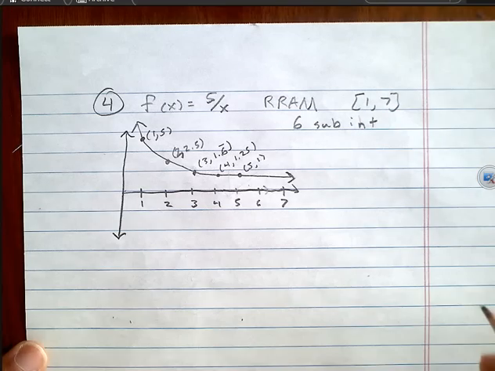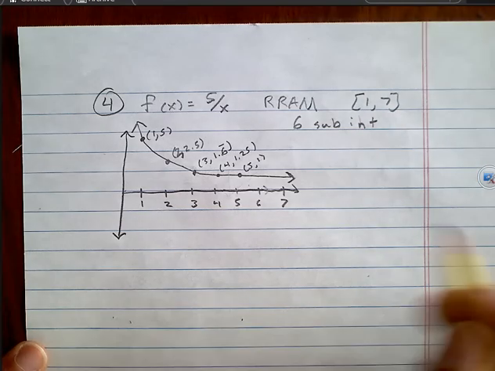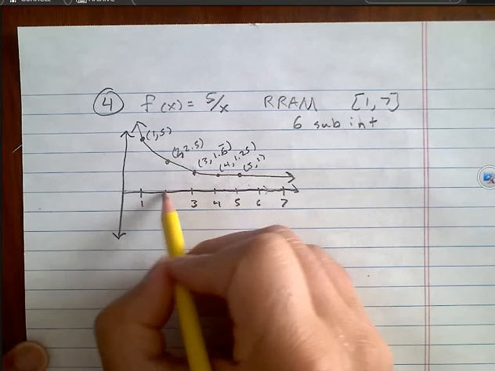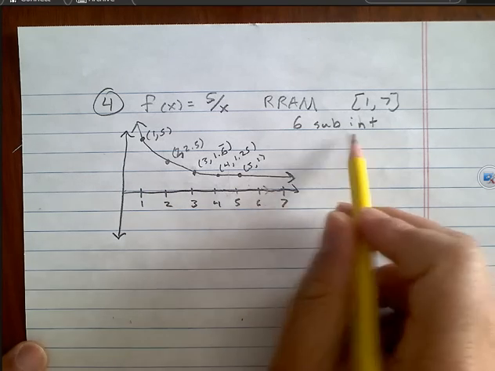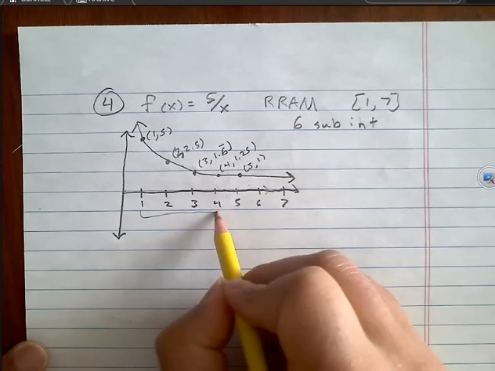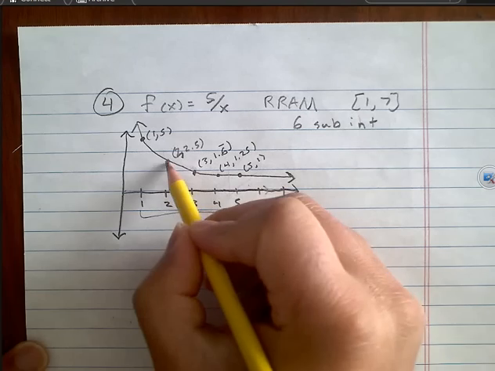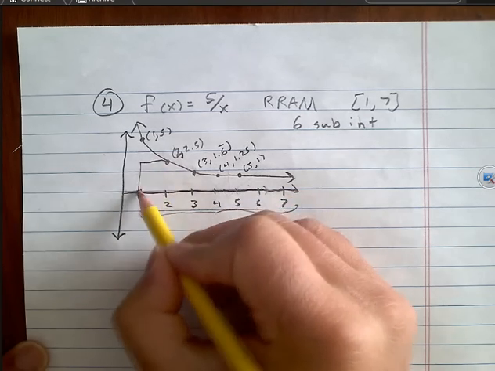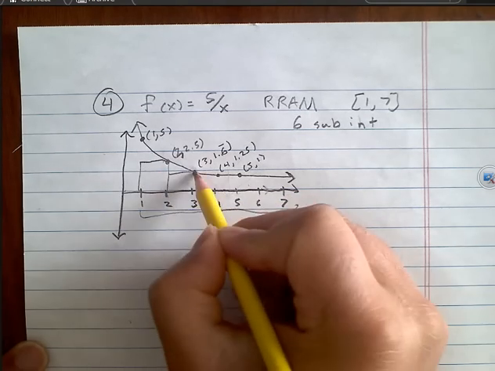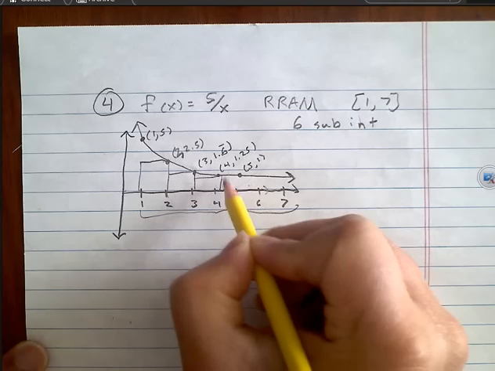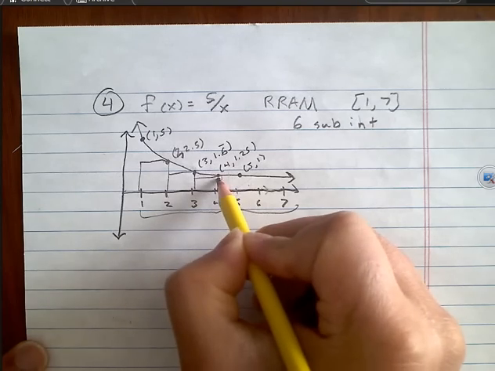So you see how, if this is a RAM, 1 to 7, 6 subintervals, we could pretty much figure out how high those rectangles are. I'm sorry, I'm being distasteful here.